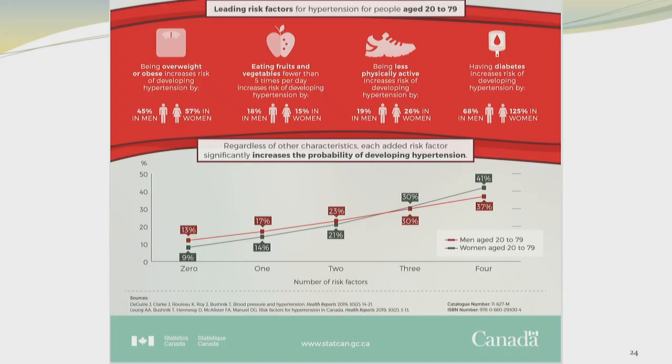Okay. We also know that the insulin resistance that happens in the case of diabetes also increases the risk of high blood pressure. So the more of these risk factors a person has, the greater the risk of developing high blood pressure. And that brings us to the end of our discussion on sodium and potassium.